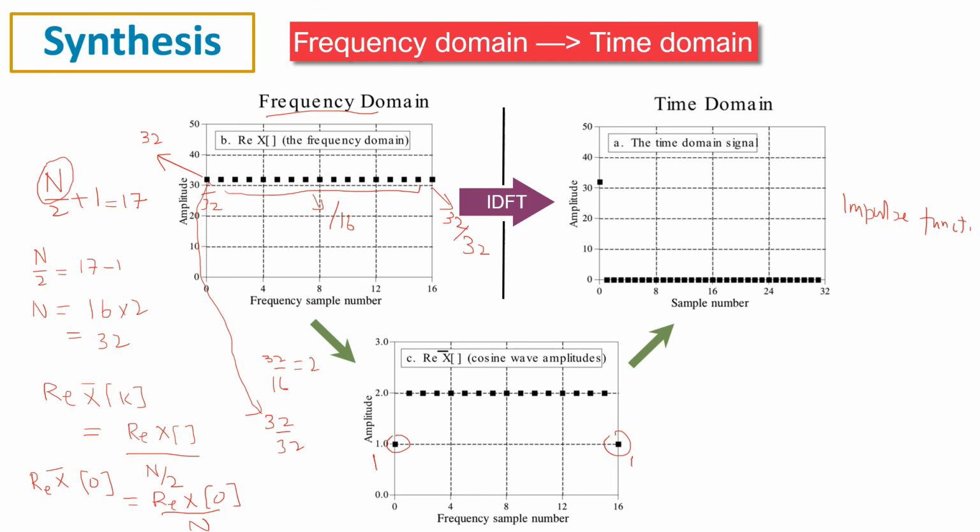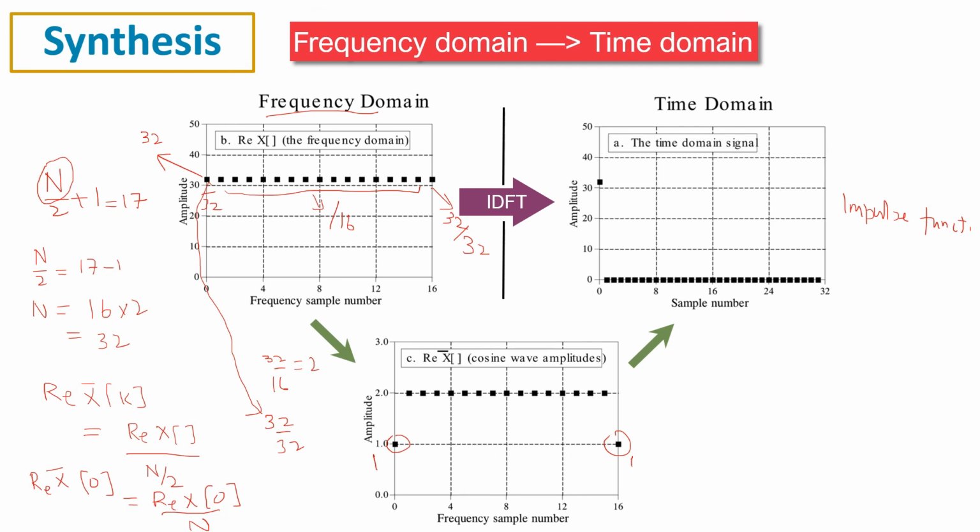We have seen it before. An impulse function in the time domain has a frequency domain representation that is a constant value, like this. This is very important. If you are asked a question like this, you must be able to answer: what is the frequency domain representation of an impulse function?